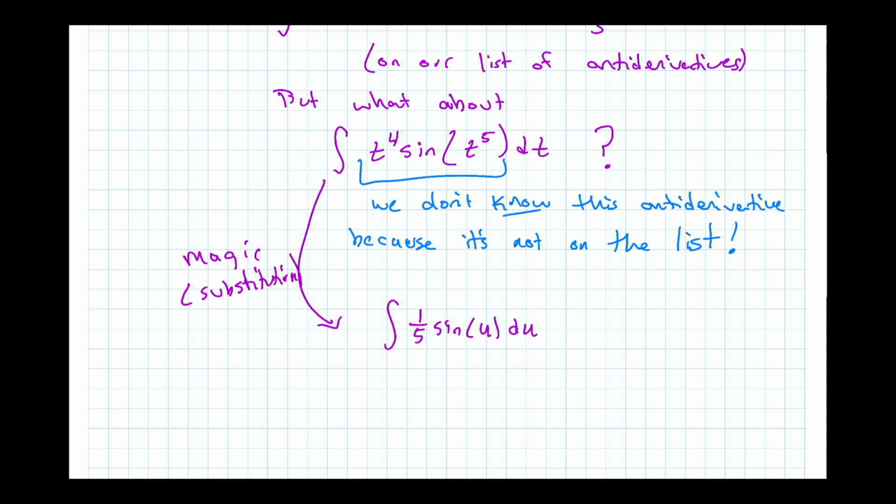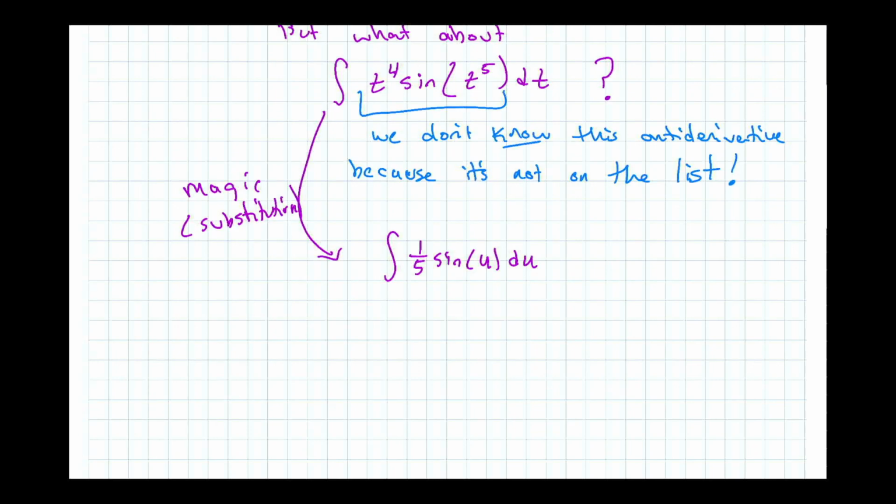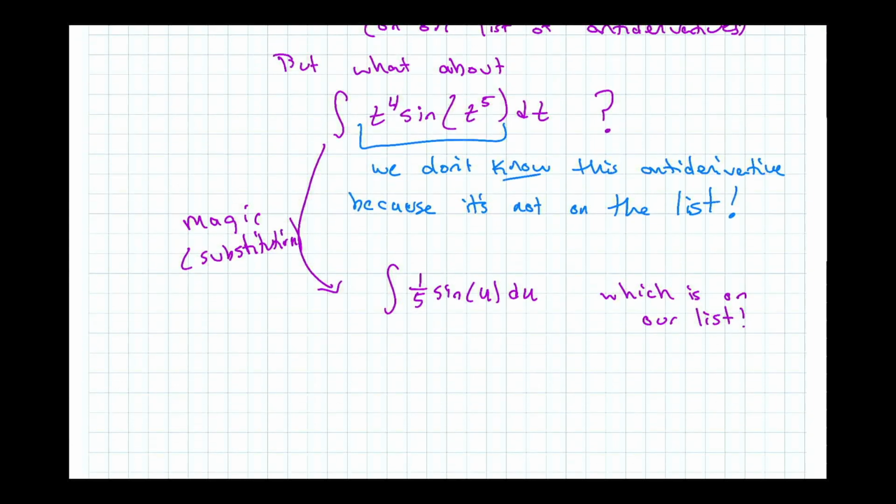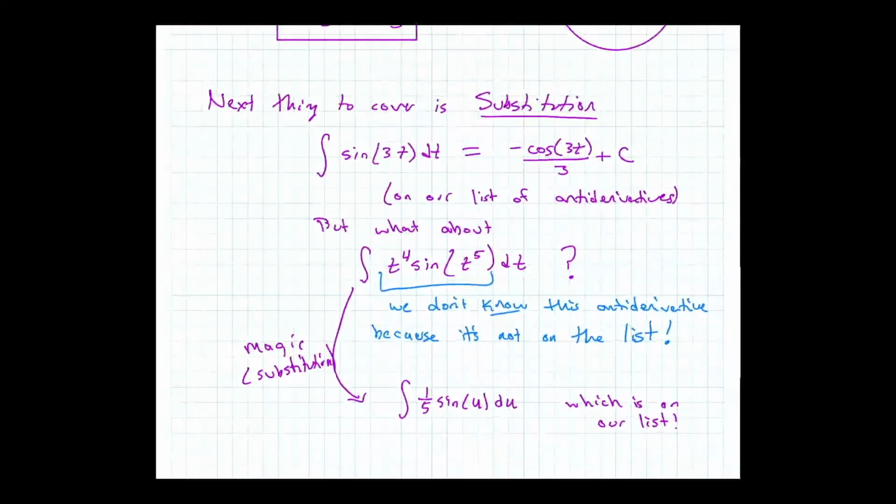And when it is, that's going to be on the list. We're not going to do that right now, but that's what substitution will do: it will take a complicated integral like this that we don't know how to do. You do the substitution procedure, and it'll turn it into an integral like this that turns out to be easy. All right, details are going to be in the next lecture.